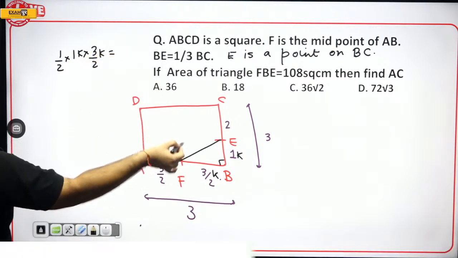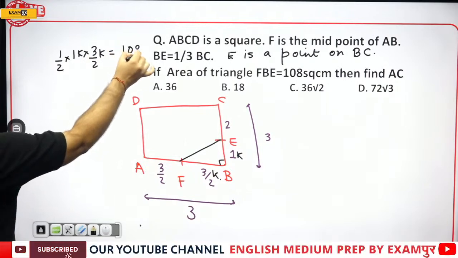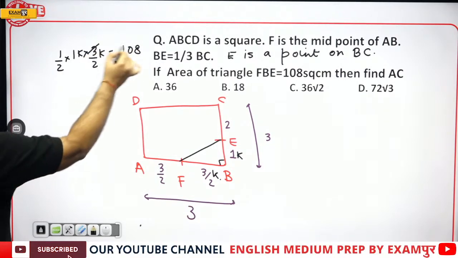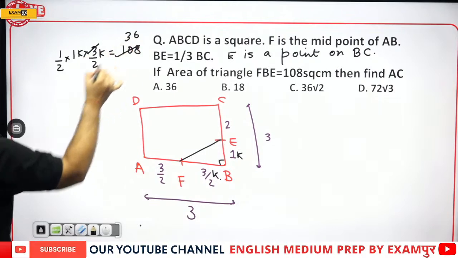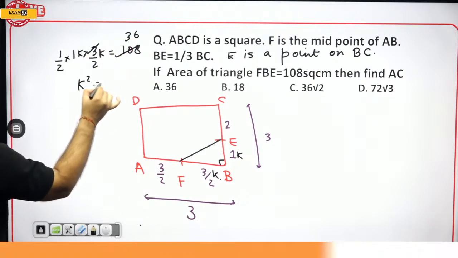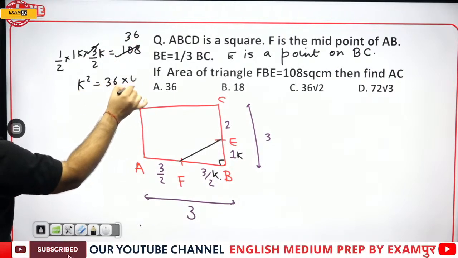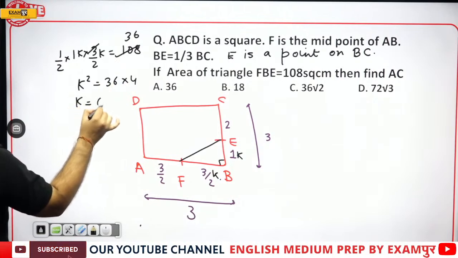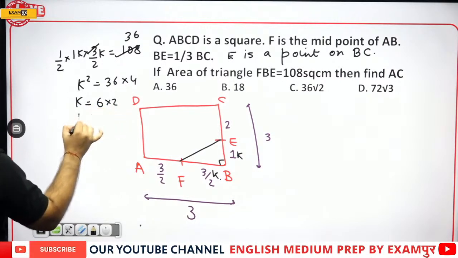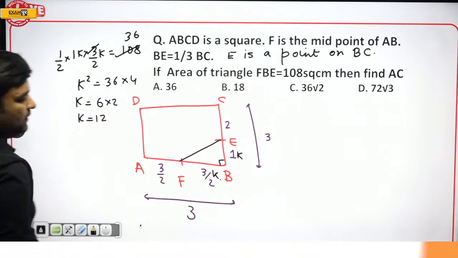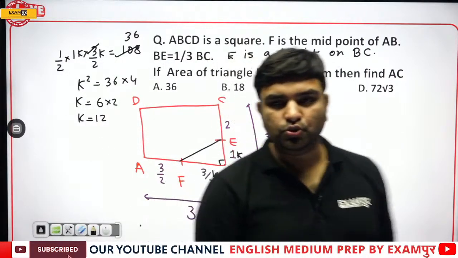Area of this triangle is 108. So K square is 36 into 4, or you can say K is 6 into 2, 12.